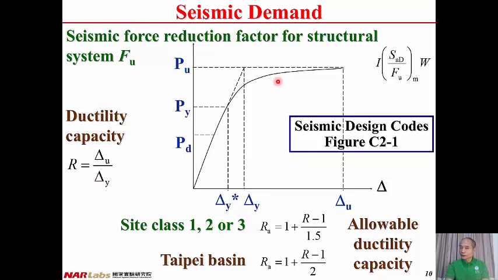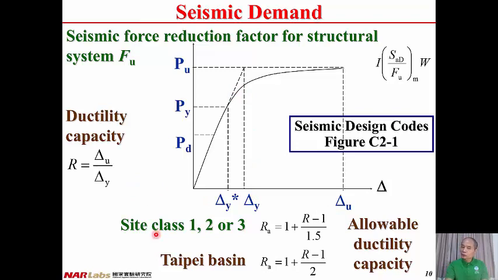The curve here is the force displacement relationship of a building under earthquake, and it can be simplified as an elastic perfectly plastic relationship. The ductility capacity R equals delta U divided by delta Y, where delta U is the ultimate displacement, and delta Y is the equivalent yielding displacement.